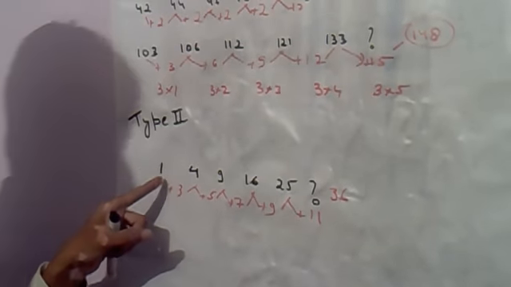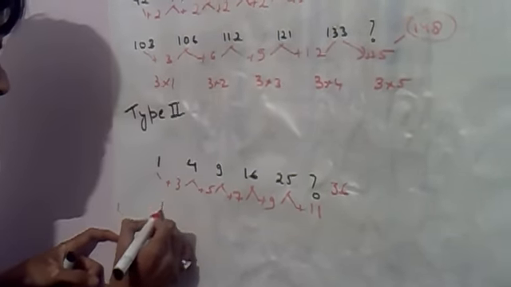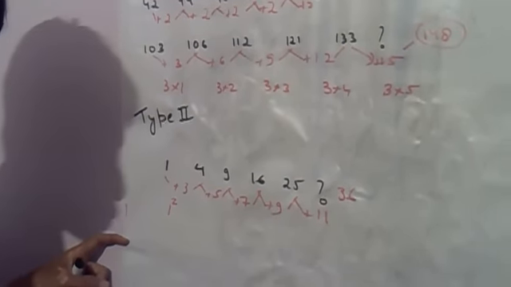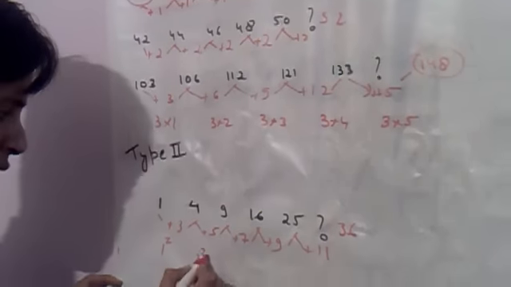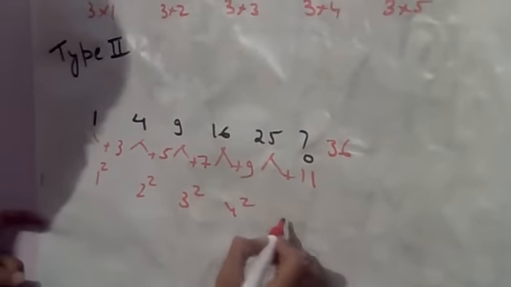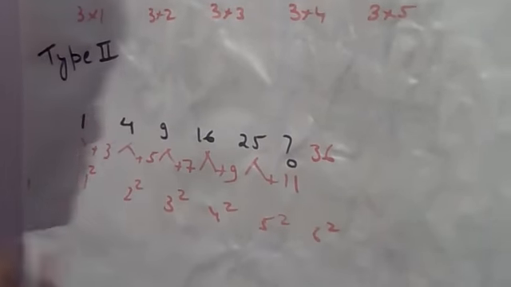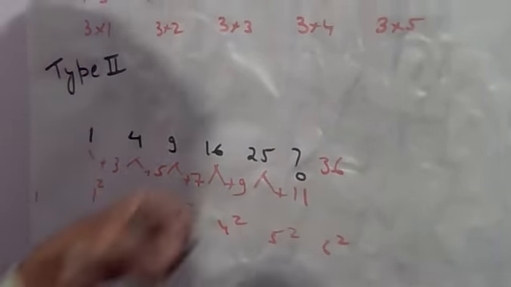So this is one way of finding it out. The other way in type 2 is that we can see this is 1, and this is 4. So we can write this as 1 square, 2 square, 3 square, 4 square, 5 square, and then next in line would be 6 square, that is 36.